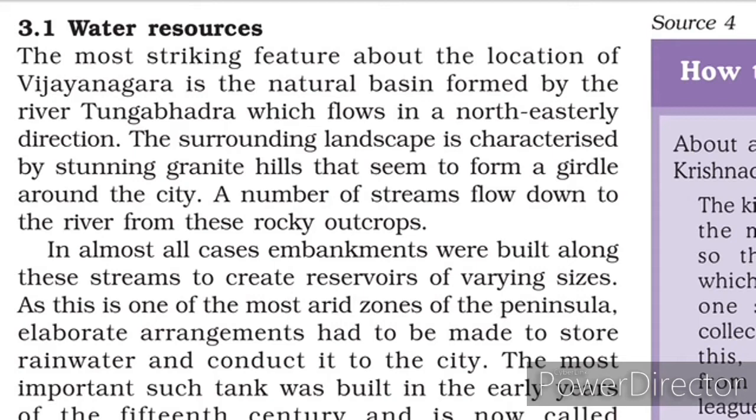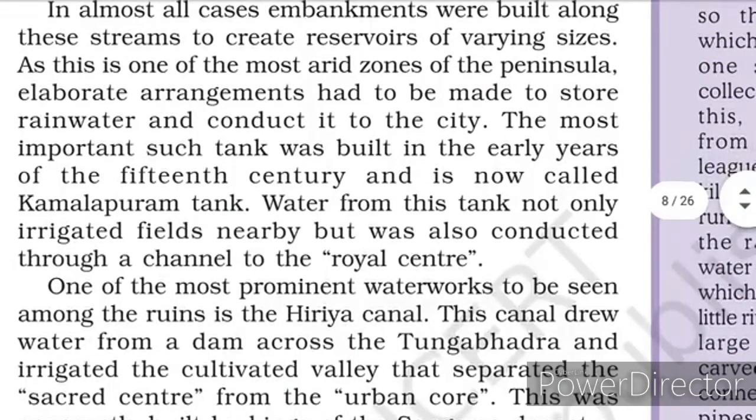Water from this tank was used to irrigate, and not only for irrigation, some of the water was also channelized to the royal center. All the water they received was guided through the Kamalapuram tank. The water is stored in the tank and then channelized from there to the royal center.